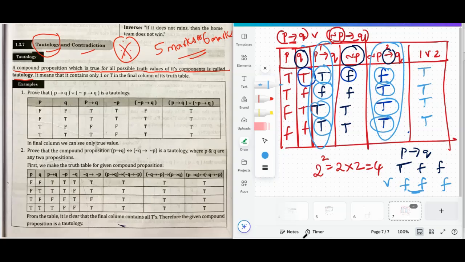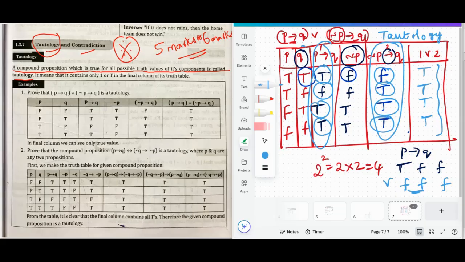If there is no F and F, then the remaining are all true. Hence, if all the values of the given components are true, it is called a tautology.